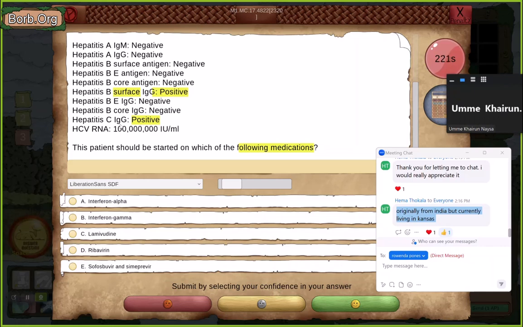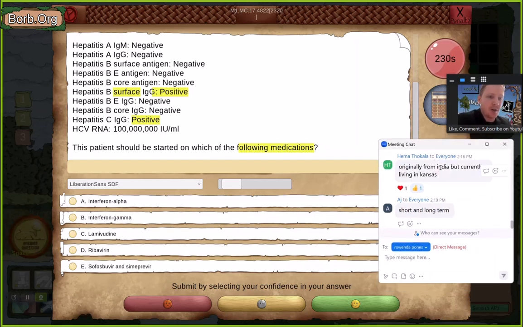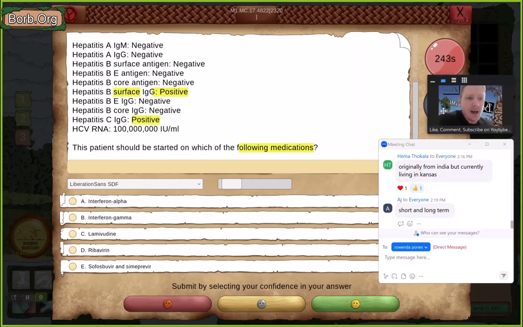IgM is new, like acute, and IgG is going to be like you've developed a chronic reaction to it at the very least. Chronic or new, right. Exactly. I know you know those differences. I'm just restating it in a way that I would put it.